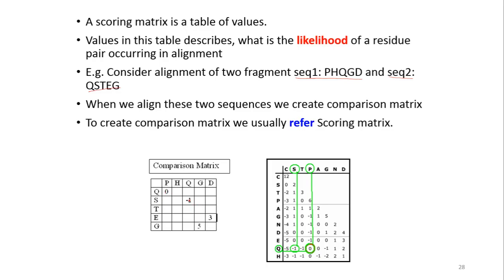Similarly, what is the likelihood of this Q getting aligned with S? The likelihood of Q getting aligned with S is -1. Similarly, over here you can see the likelihood of this aspartate getting aligned with this glutamate is 3.